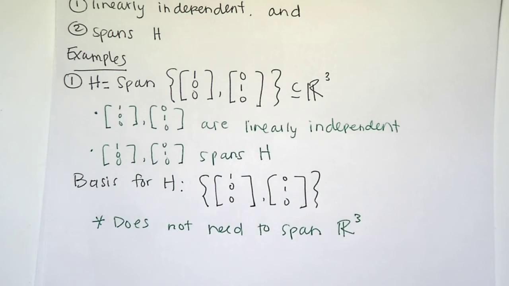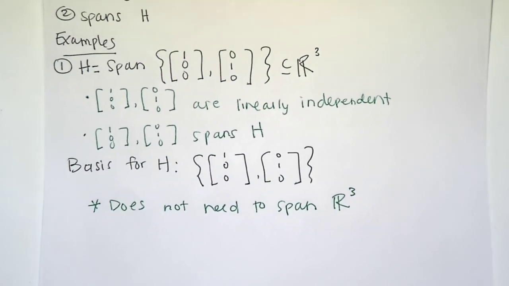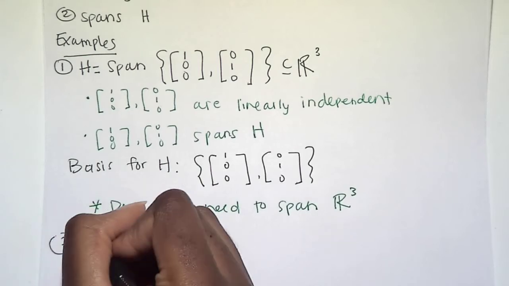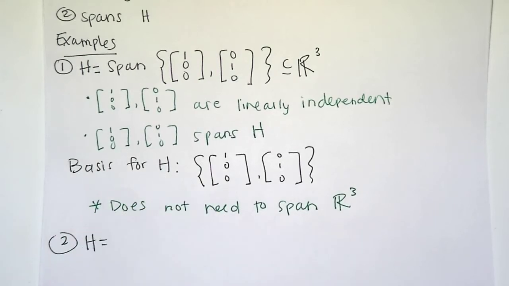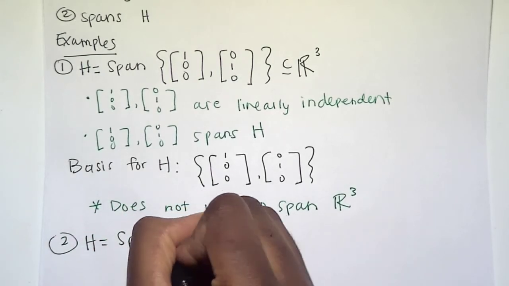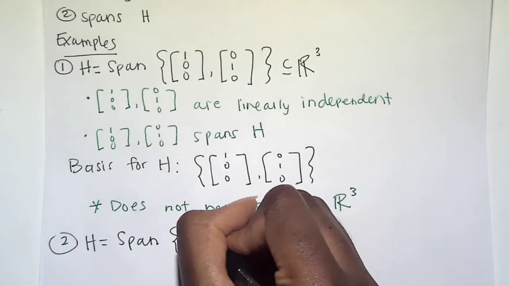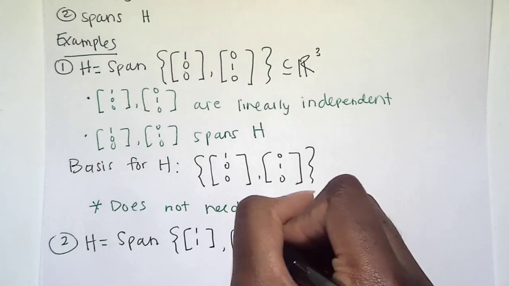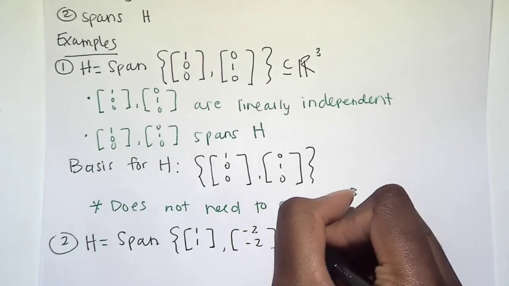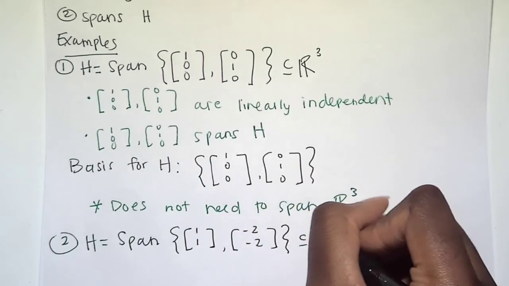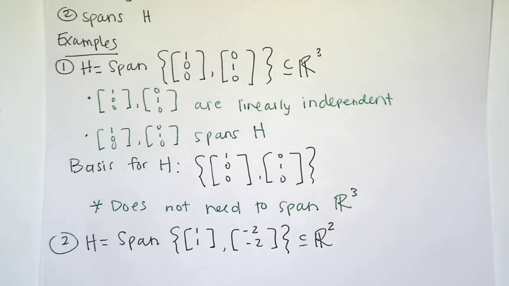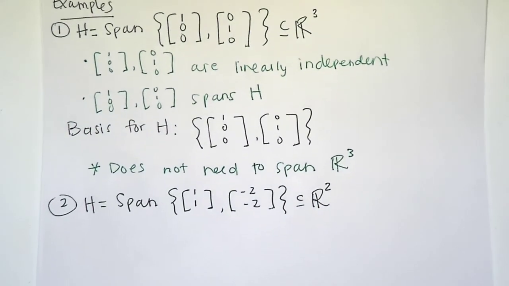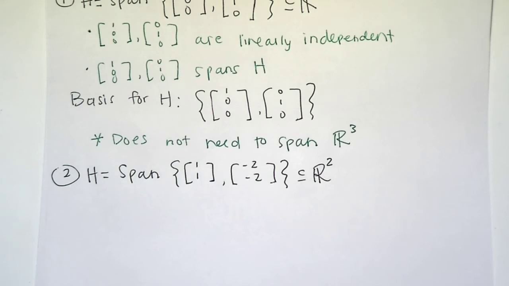All right, let's look at another example. Let's say our subspace H is the span of the vectors 1, 1, and negative 2, negative 2. And this is a subspace of R2. Okay. So let's check.